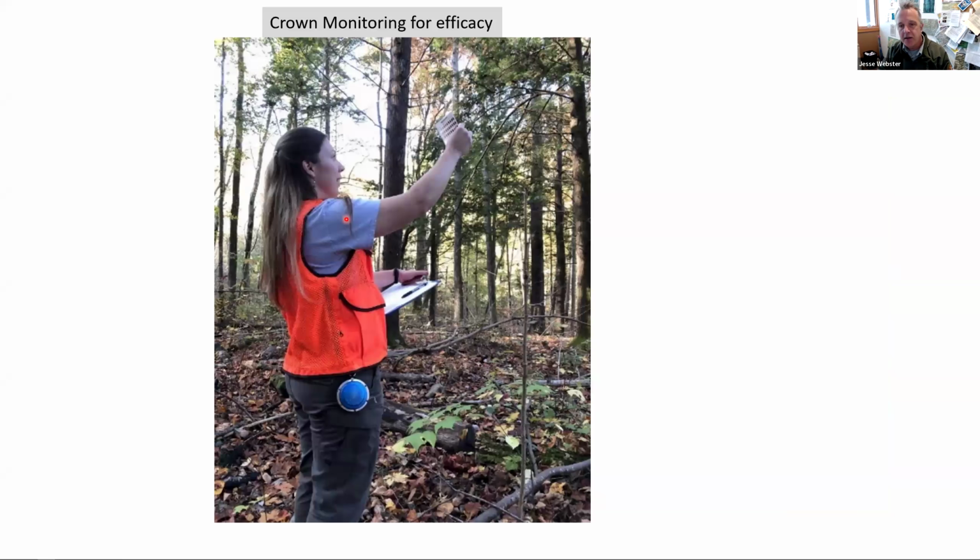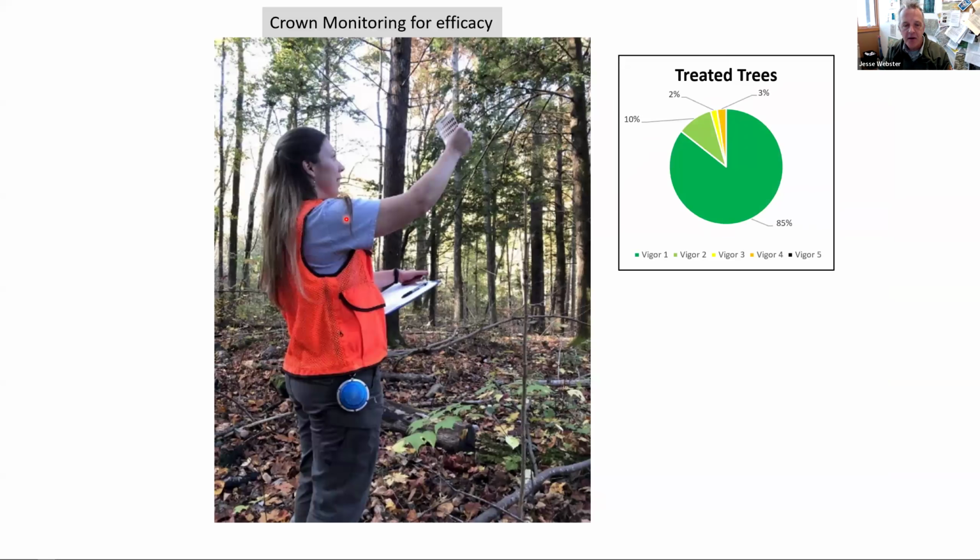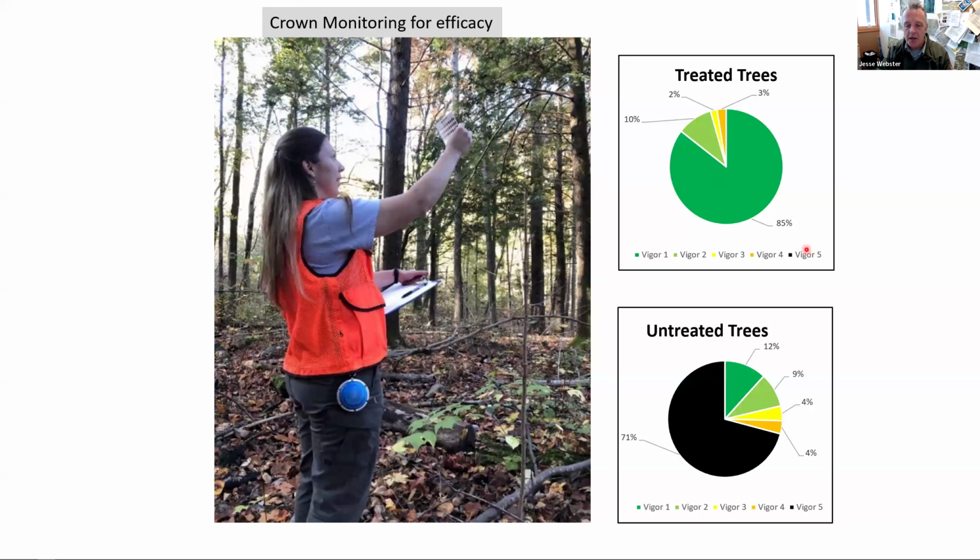In monitoring those, we're looking at crown health, and there's a lot that goes into that, but overall, is that tree vigorous, right? Vigor 1 is what you'd expect, a beautiful, healthy hemlock tree. Vigor 5 is a dead tree. There's even a vigor 6, which is dead and on the ground, which actually happens about 10 years after infestation and mortality. So, treated trees throughout the park compared with untreated trees.